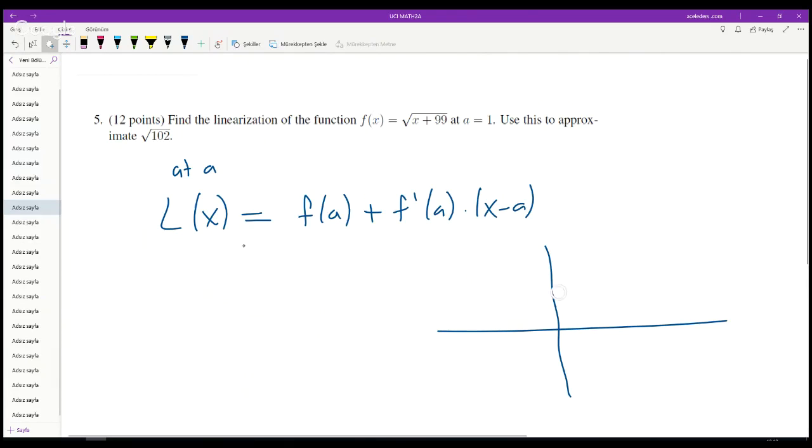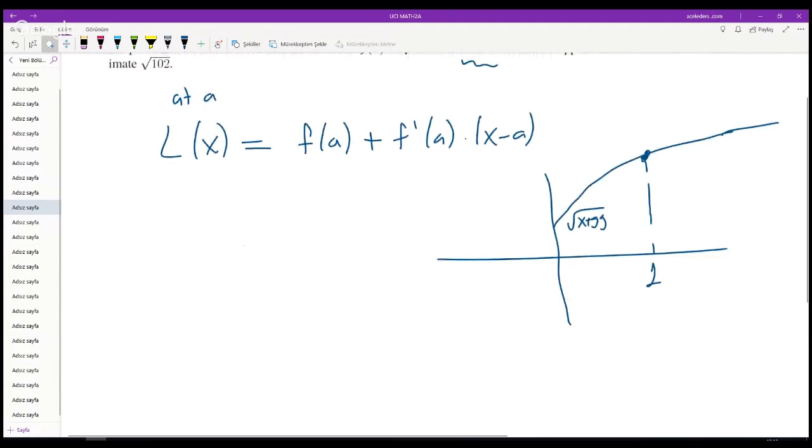this formula means. For example, let this be the graph of square root of x plus 99. And I will linearize that at a equals 1, and use that to approximate square root of 102. What do I do?